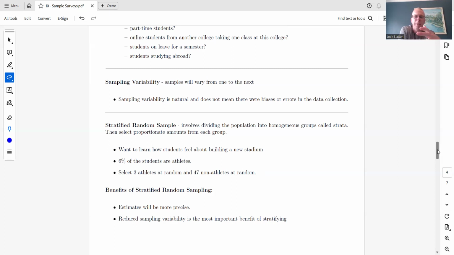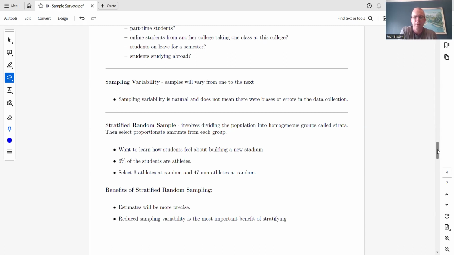Or if you're looking at a company, you could divide by salespeople or management and accounting and whatever else. So these are not random groups, but you're dividing the population into groups, and then you're getting some from all the groups in proportionate amounts. So if you have more salespeople than accountants, or more salespeople than human resources, or whatever it is, you would get more salespeople randomly after you divide into groups.